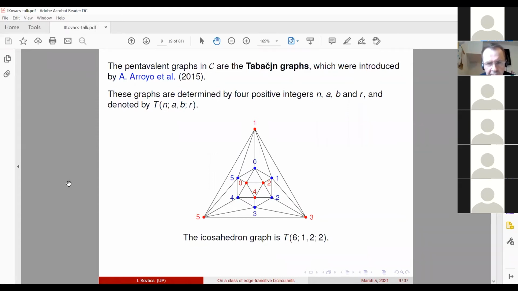And now you have one more parameter, and I don't want to explain much about the parameters because it's very similar to before, but I would just like to give an example, the icosahedron graph. You can see that the icosahedron graph also appears as a Tabachian graph. It has an automorphism of order 6, with 2 orbits, the red and the blue. And in the blue orbit, the induced graph is a cycle.